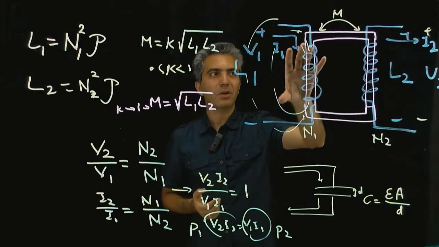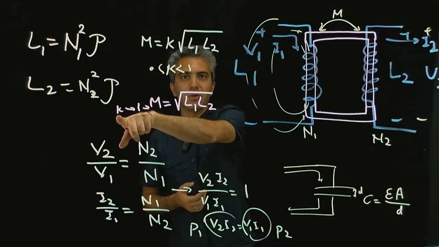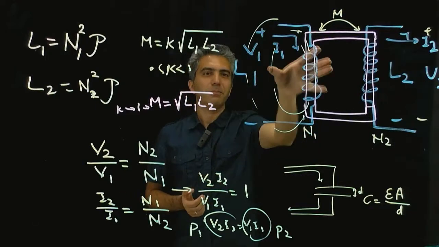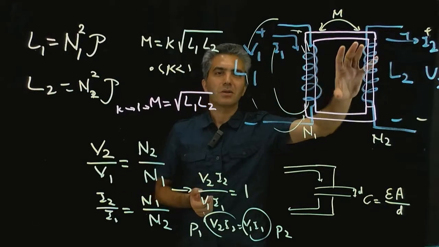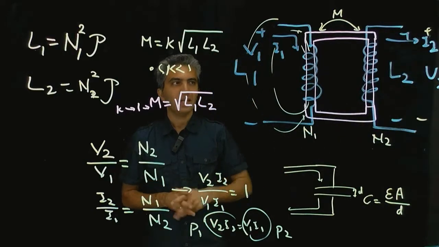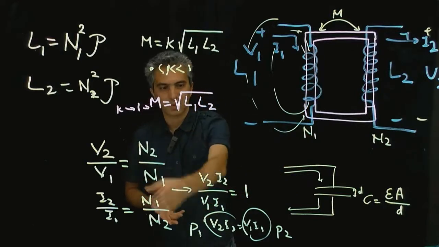We said there's a perfect coupling between these two, starting from the fact that the coupling coefficient is 1, and that means all of the power that goes in is going to come out from the other side. This component is called a transformer with this assumption.